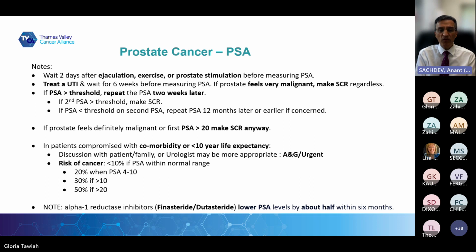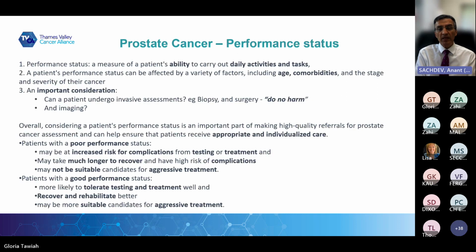These are just thoughts and notes for you to consider when checking PSAs, because also one important factor that I really must bring to your attention is the performance status of the individual. We all know performance status relates to the patient's ability to carry out daily activities and tasks, and can be affected by a variety of things like age, various illnesses, and also stage of severity of their cancer or other illnesses.